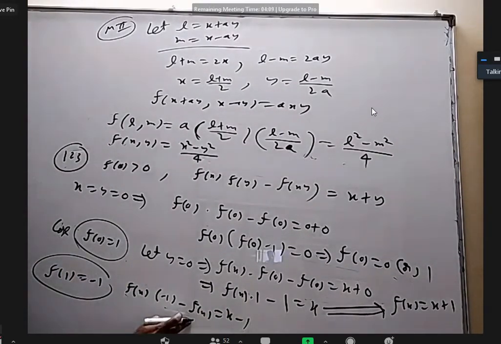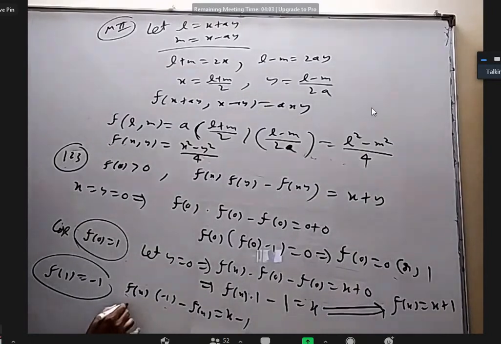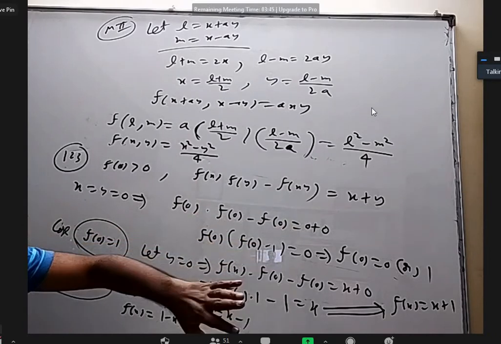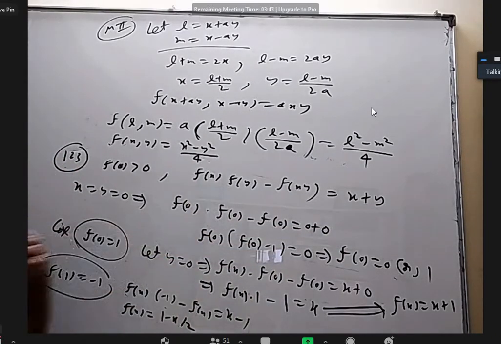This and this are not getting cancelled, right? So I'm getting f of x is (1 minus x) by 2. Am I right? I took f of 1 as minus 1. When I put both 1, will it satisfy? This will be minus 2.